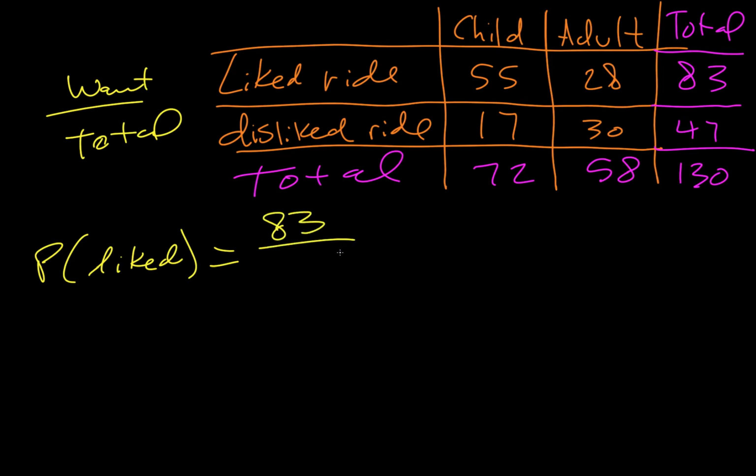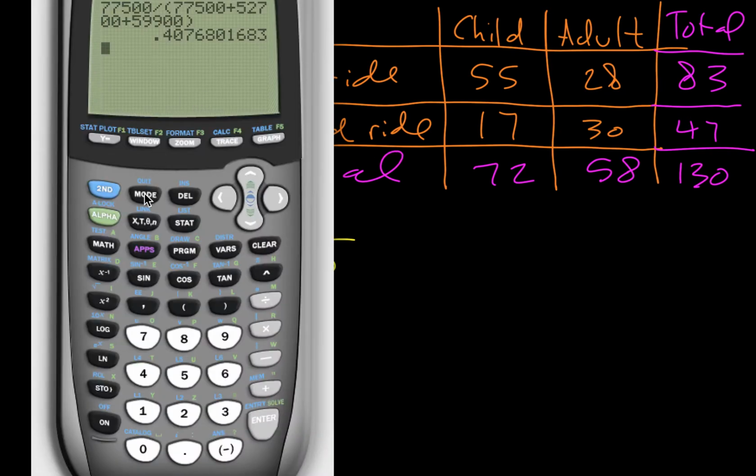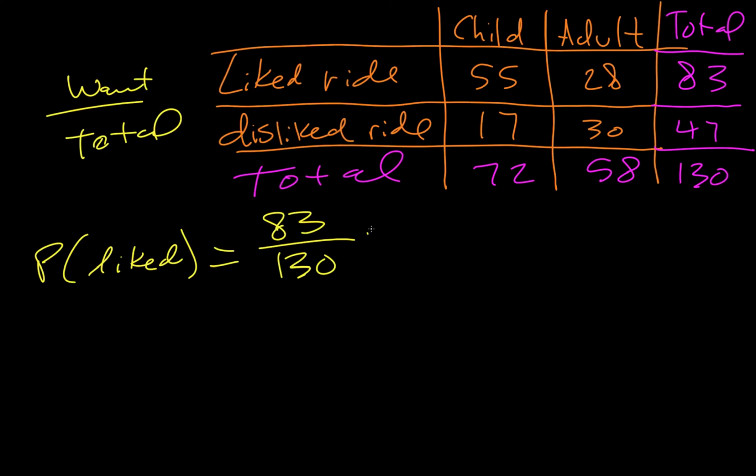That's what we want. And there's a total of 130 people who rode the ride. And so if we just do 83 divided by 130, we end up with 0.638. And that's it for that one.